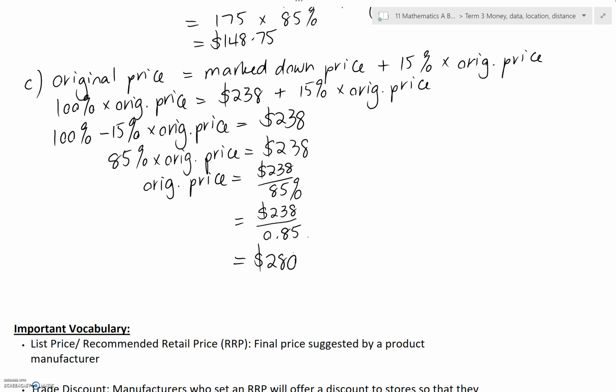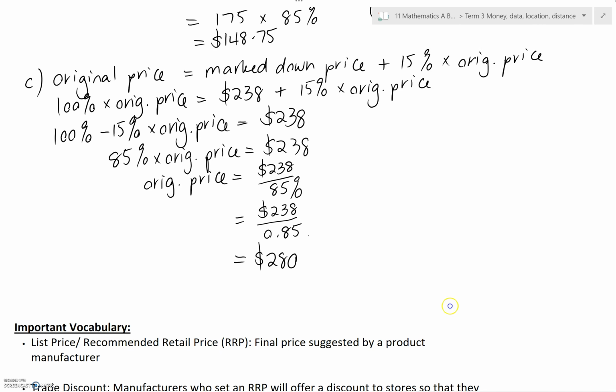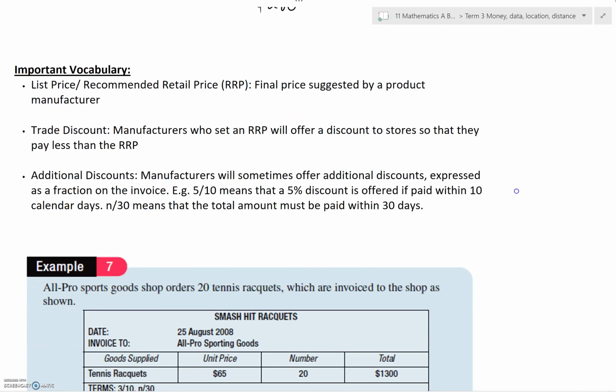We would be expecting an amount here that's higher than the marked down price. So 280 is higher than 238, so it's something we would expect here. Hopefully that makes sense. Please see me if any of that does not.